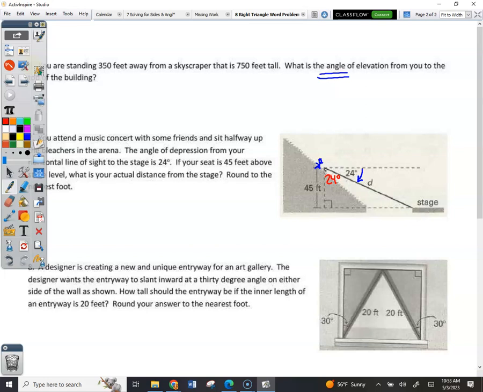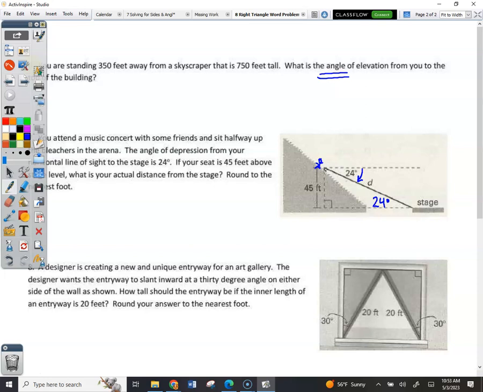That's wrong, okay? Angle of depression is always on the outside of the triangle with that line of sight to the diagonal. And then once you know it, you can come inside the picture and put the angle of elevation as the exact same number because they're congruent, okay?